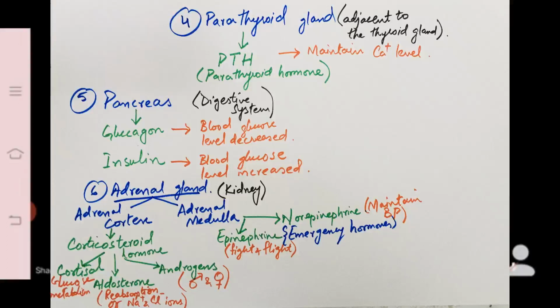Now, the adrenal medulla. The adrenal medulla secretes two types of hormones: epinephrine, also called adrenaline, and norepinephrine. These two hormones are very important. It comes in the reasoning question. These two hormones are called emergency hormones.